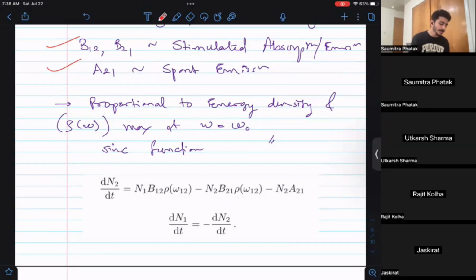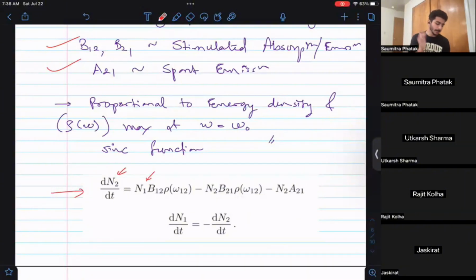So when you consider just A and B coefficients of Einstein, you get these expressions. And what this equation is telling us is basically, here N2 and N1 are the populations of the excited and ground states.